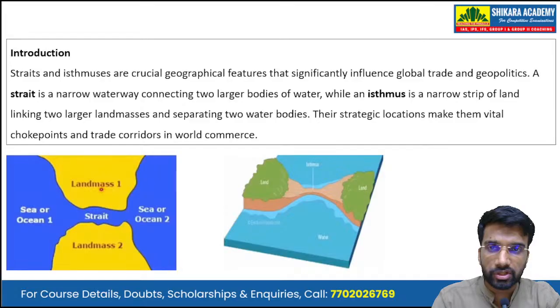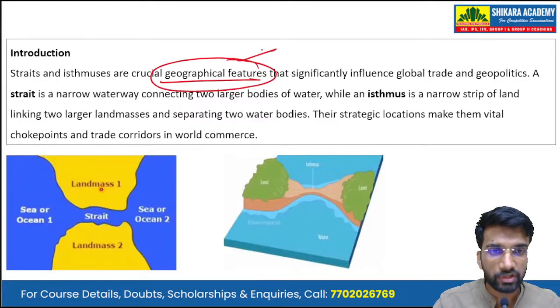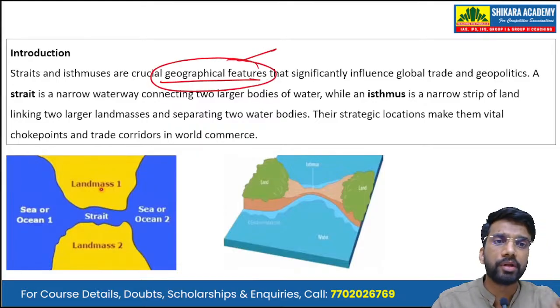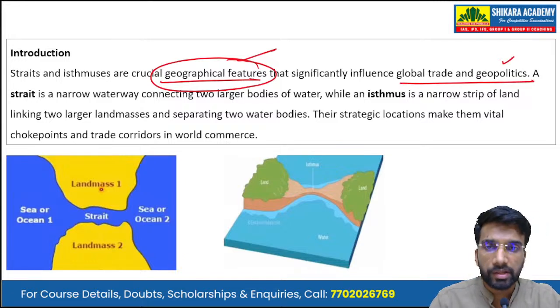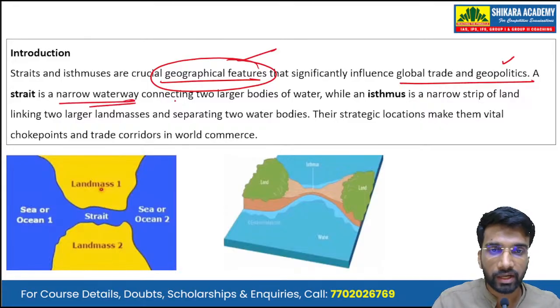So starting with the introduction, we can write that straits and isthmuses are crucial geographical features that significantly influence global trade and geopolitics. Now we describe what a strait is. A strait is a narrow waterway that connects two larger bodies of water.